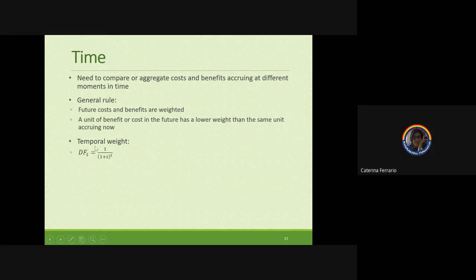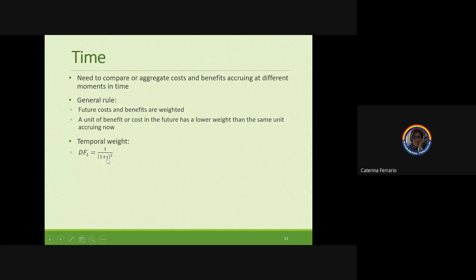And I do this with what is called a discount factor. The discount factor depends on the time t when I'm calculating it, and it is given by 1 over 1 plus s, where s is an interest rate, and we will discuss how this interest rate has to be defined.